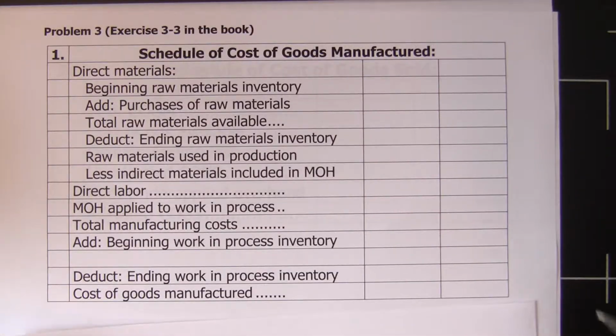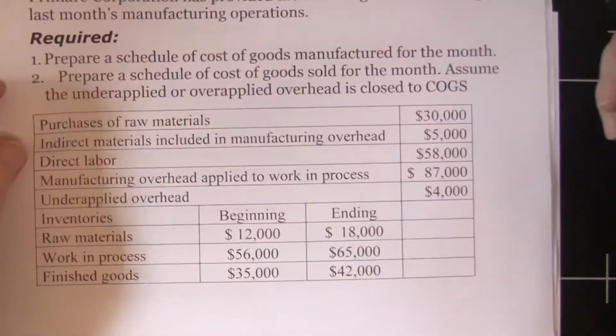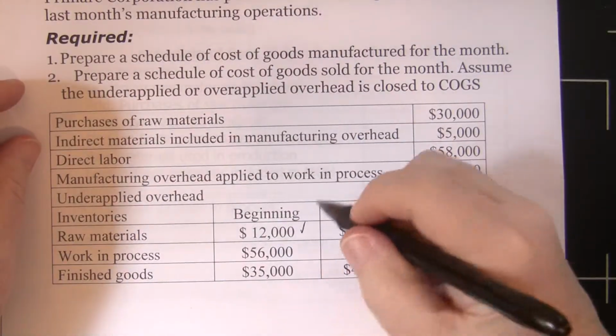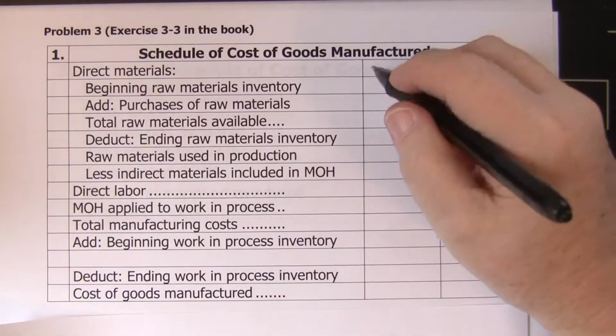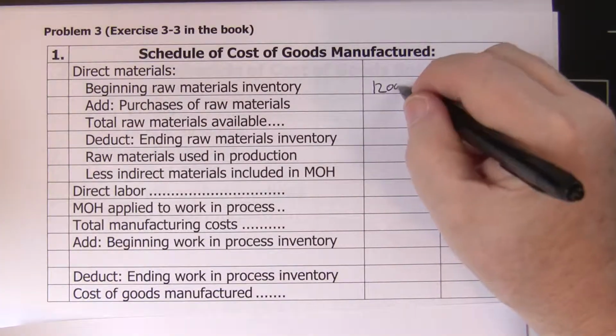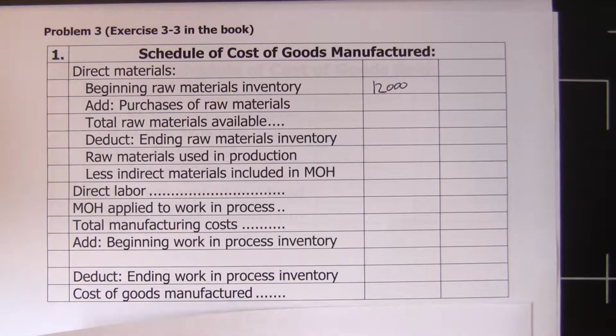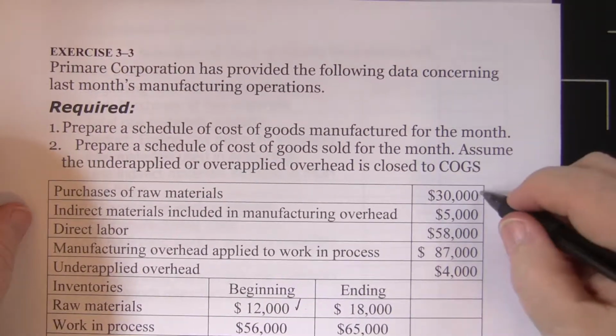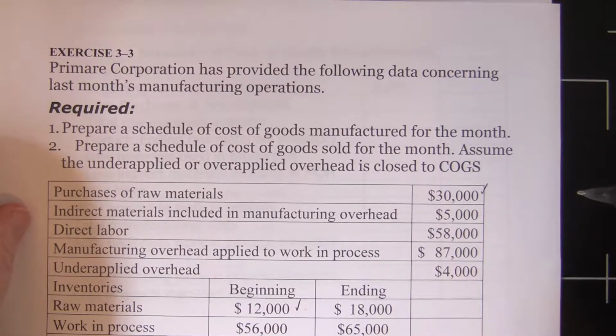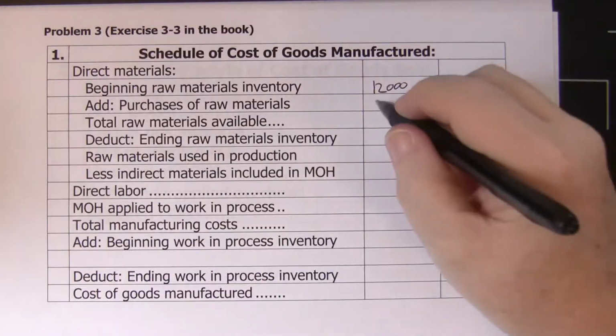We need to start with the beginning raw materials. And they give us that because that's what we're going to add to. So our beginning raw materials are $12,000. Now, we purchased raw materials of $30,000. So we're going to add that.